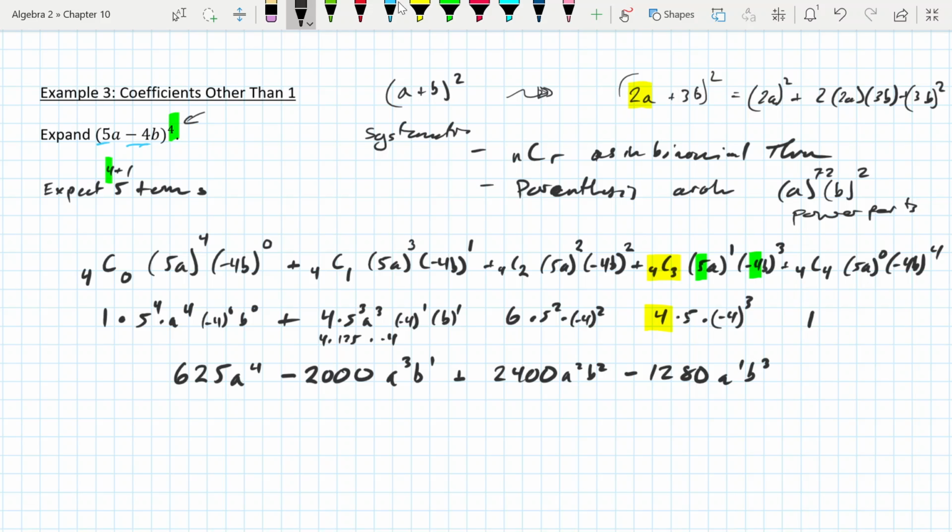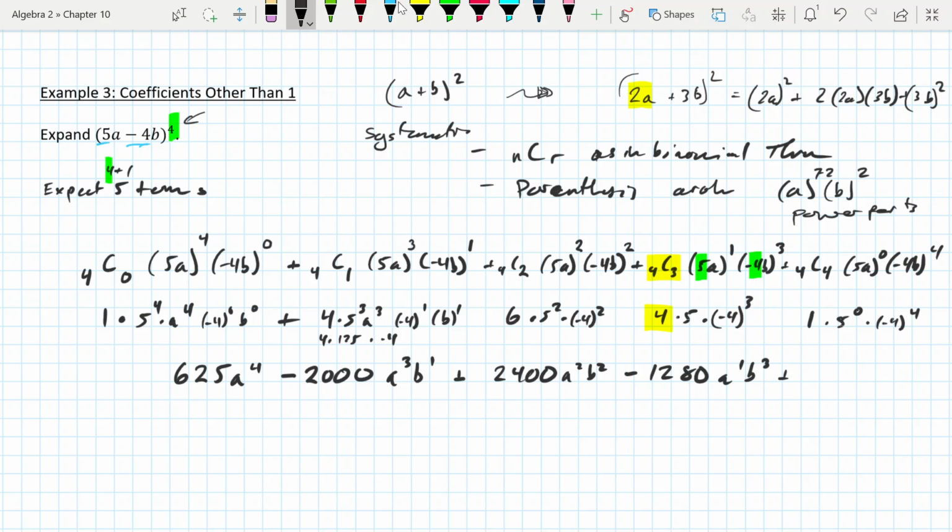And the last one, we have combinations 5 to the 0 and negative 4 to the 4th. Negative 4 to the 4th is 256 times 1 times 1.